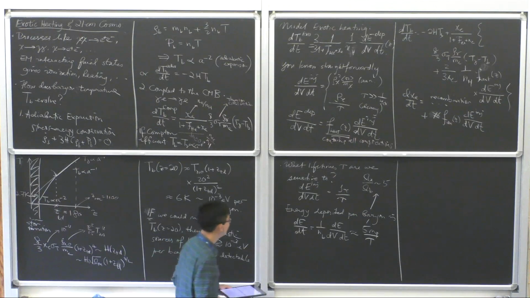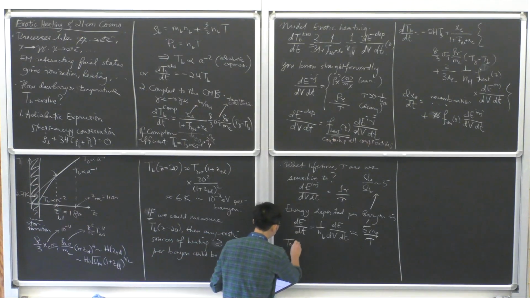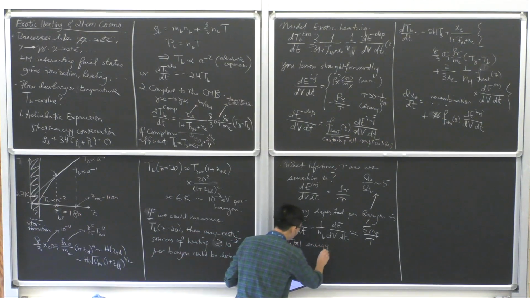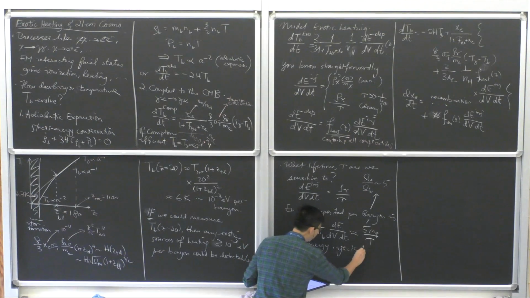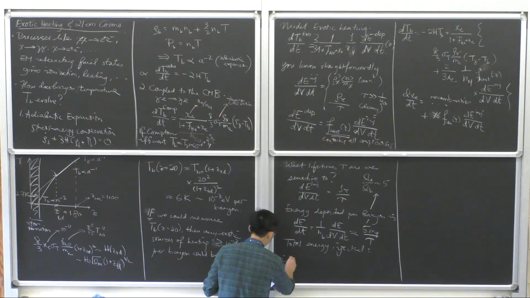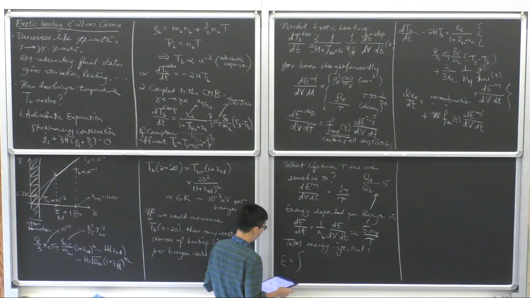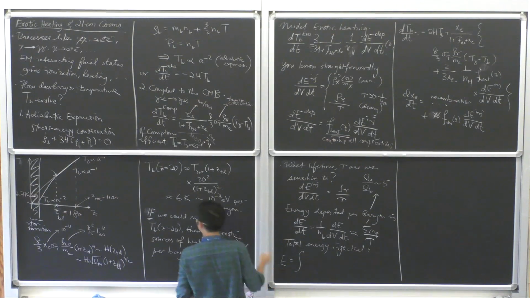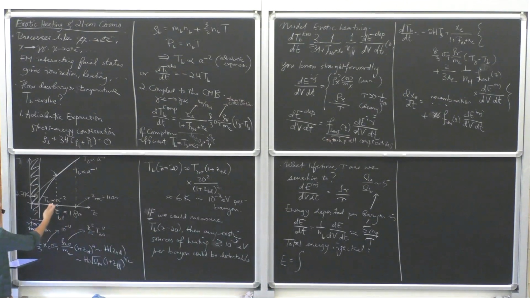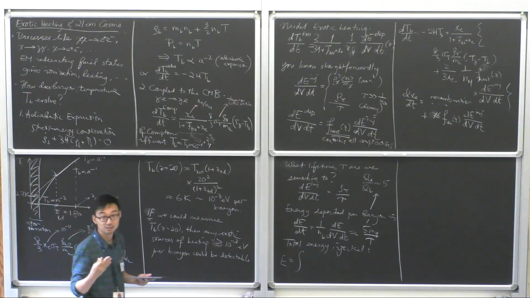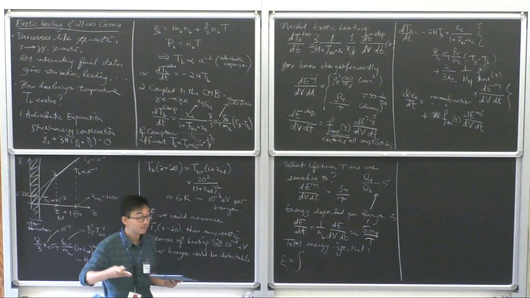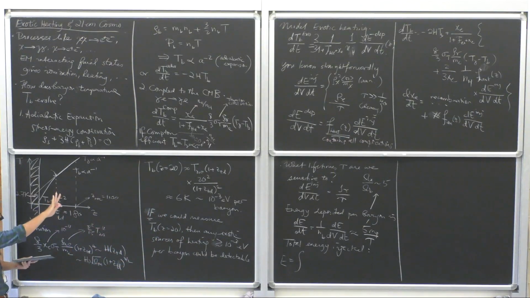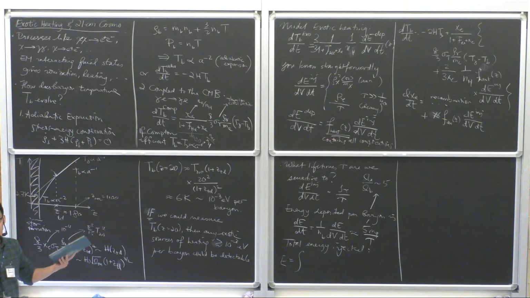All right, and then in order to find the total energy injected, I do the same thing. I integrate from the time of thermal decoupling, which is at 180, all the way down to 20, which is roughly when reionization starts. If you inject energy above 180, it's very hard to heat the baryons because they're coupled to this gigantic reservoir with like 10 to the 10 degrees of freedom for every baryon.